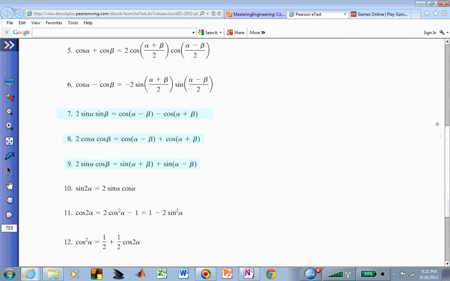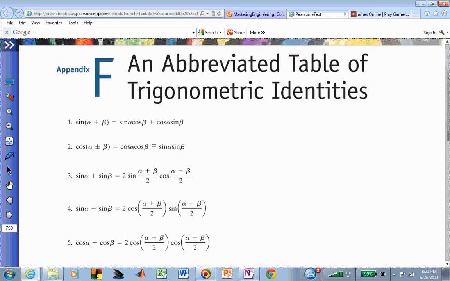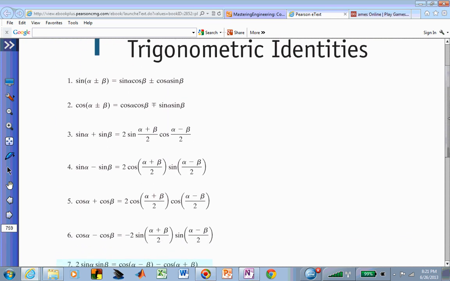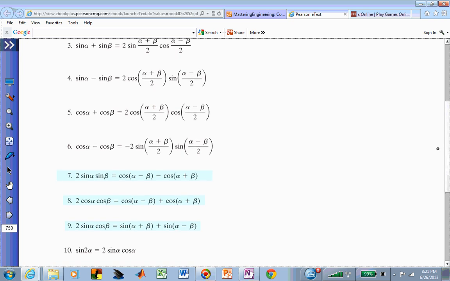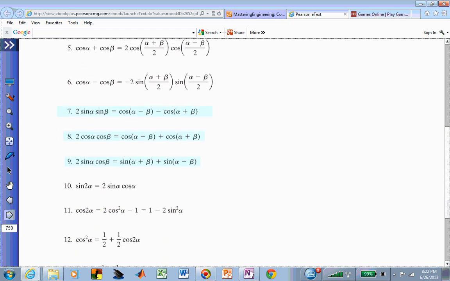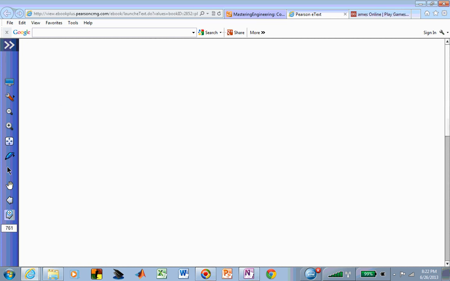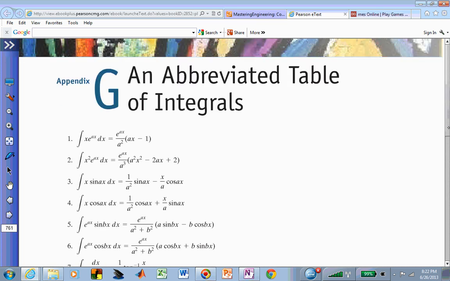In Appendix F, you will find in items 7, 8, and 9 these relationships for the product of sine and sine, cosine and cosine, and sine and cosine. Those are pretty helpful in evaluating these different integrals, where the integrals are actually found in Appendix G.